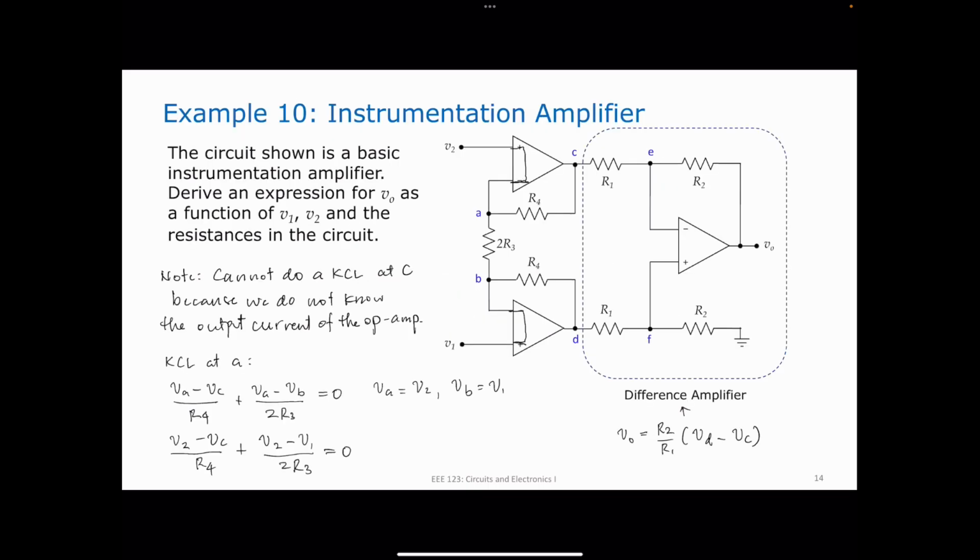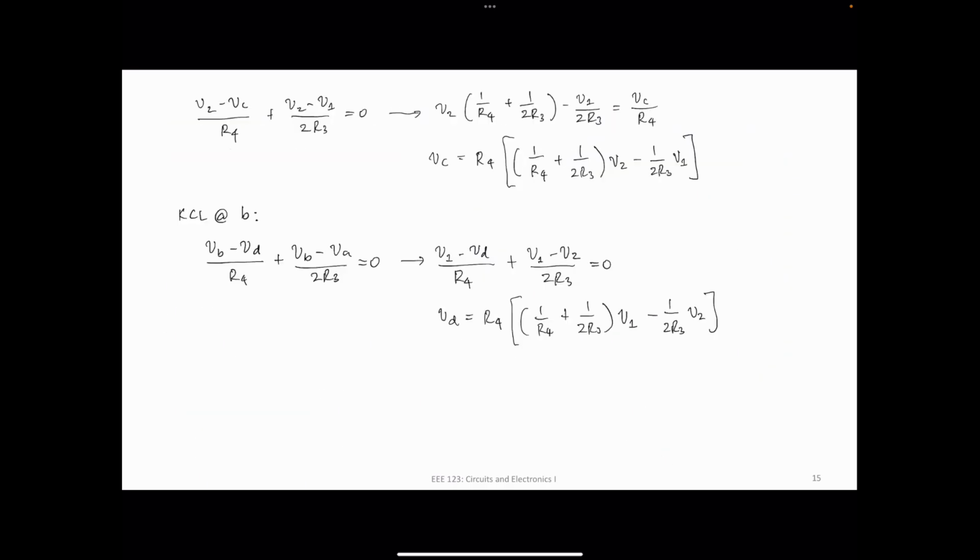Okay, let me compute VD minus VC, because to get V sub O, I multiply VD minus VC by R2 over R1, no? So VD minus VC is equal to this term minus this term. Now notice that this R4 is going to cancel with this R4, no?